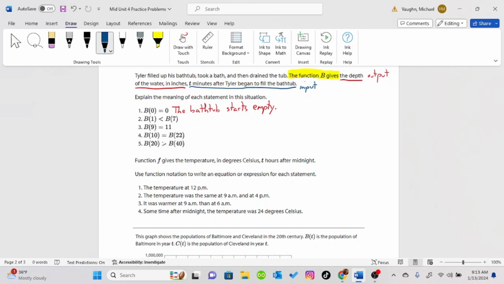Next, we have B of 1, so that is the depth of the water 1 minute after Tyler began to fill the bathtub.